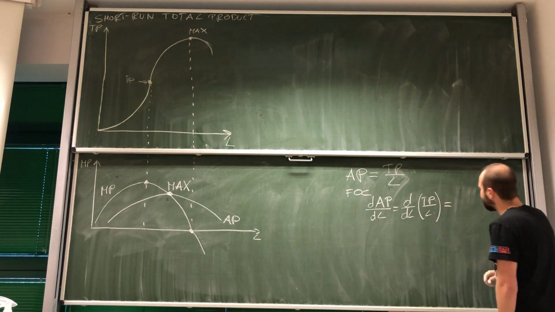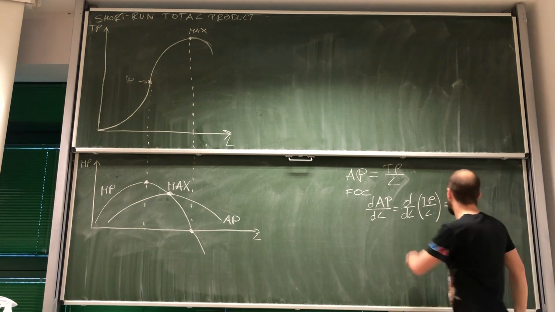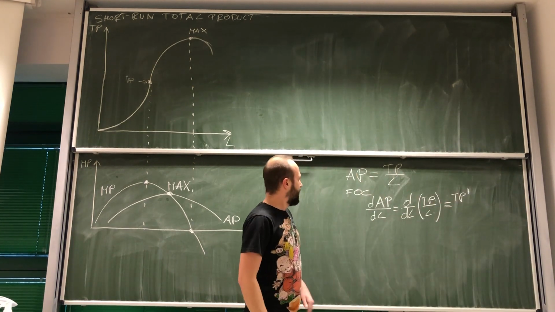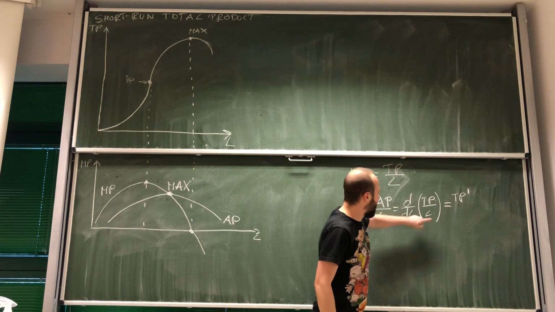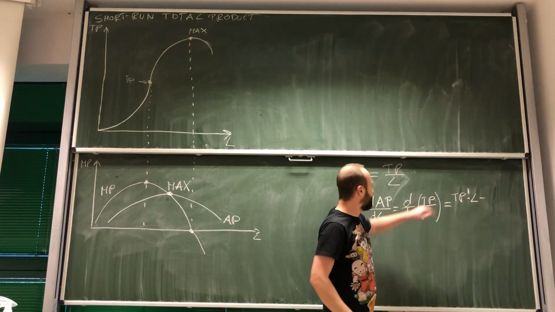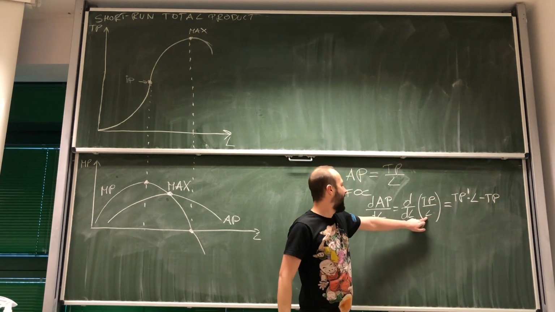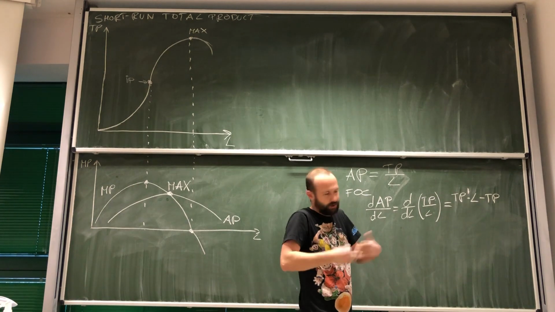Okay. So we've got the first derivative of total product. I'm going to denote it as Tp prime to make it easier. Times L minus Tp times the derivative of L with respect to L, which is simply 1.